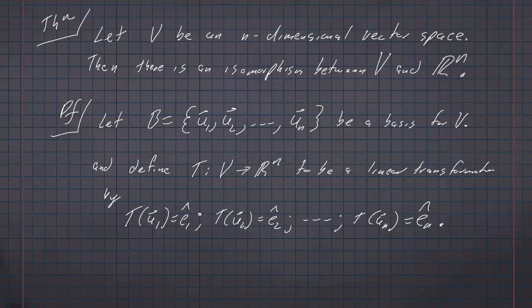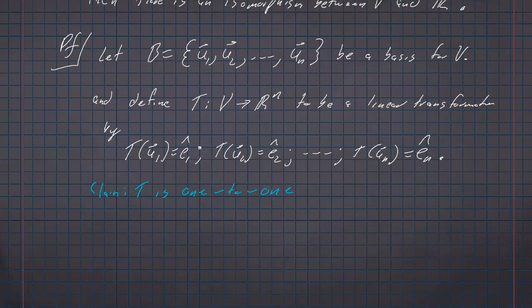Certainly, this is a linear transformation. We can define it to be a linear transformation. We need to show that it is an isomorphism. To be an isomorphism, you need to be one-to-one and onto.